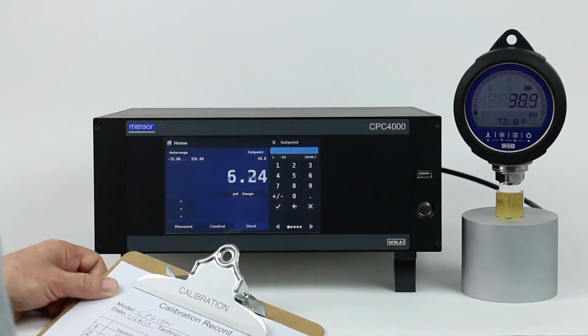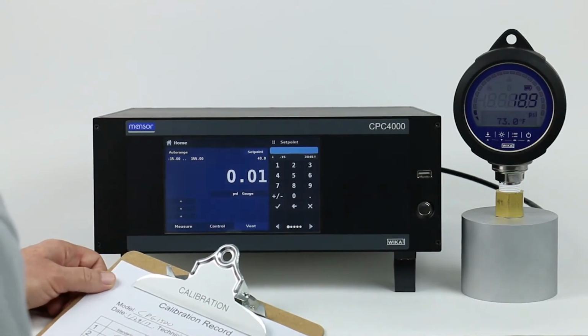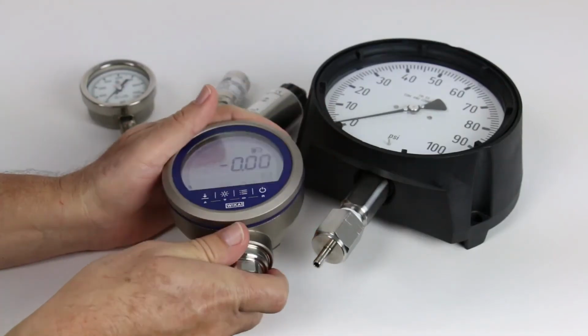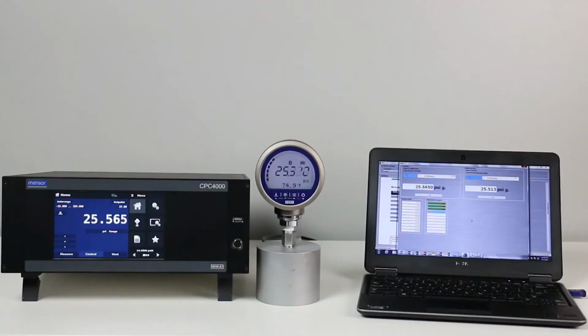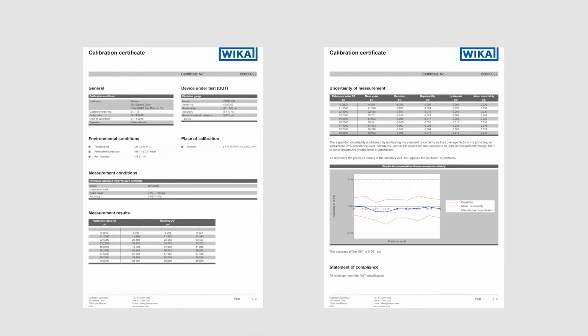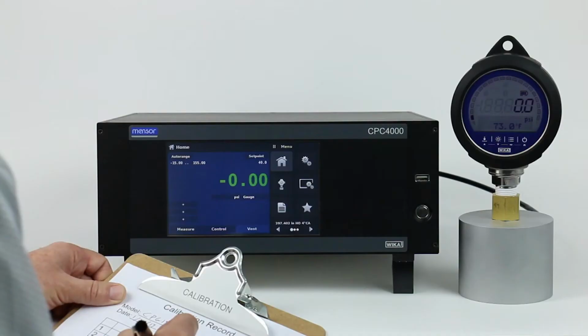We'll look at two different methods for calibration using a digital pressure gauge: a semi-automated calibration and an automated calibration. Each will result in a calibration certificate that can be filed and/or sent to the owner of the device.